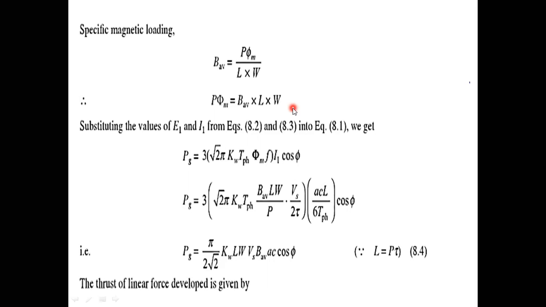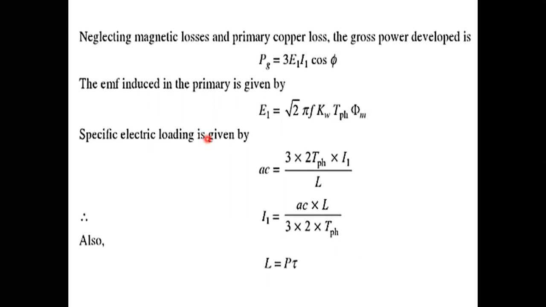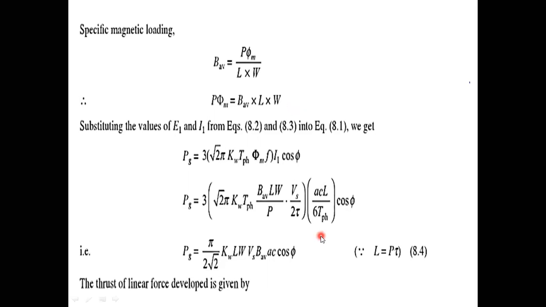Then we substitute the equations of E1 and I1 from equations 8.2 and 8.3. We know that E1 is root 2 into pi f kW into turns per phase into phi m, and the next one, I1, is AC into L by 3 into 2 into turns per phase. Then we are getting P suffix G, the gross power developed.